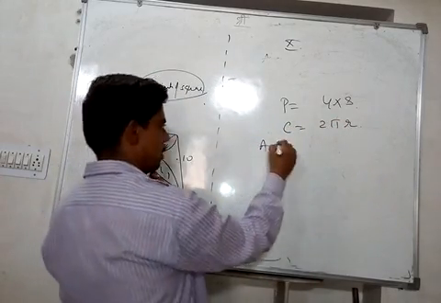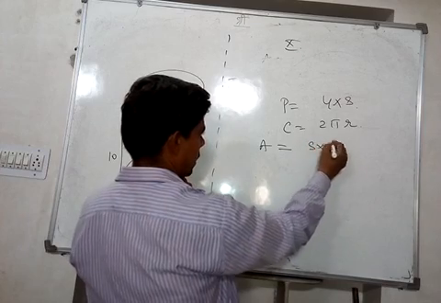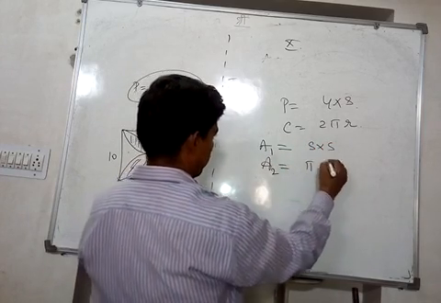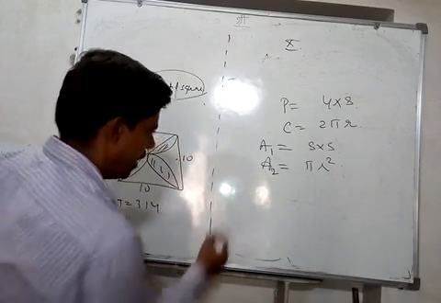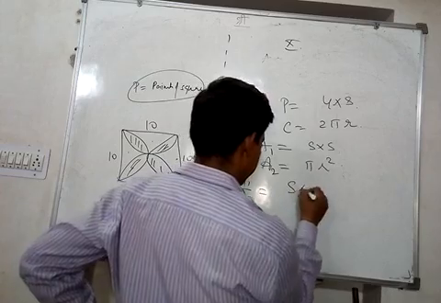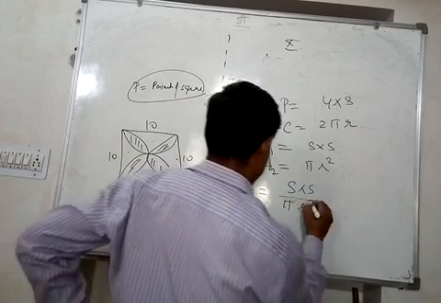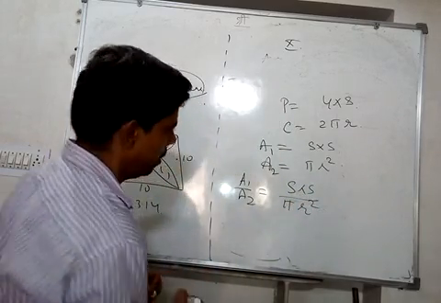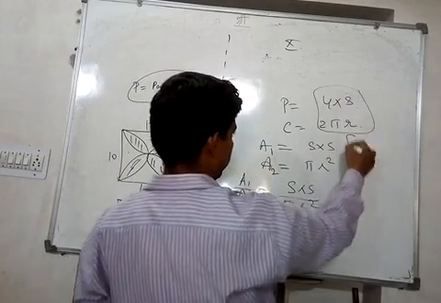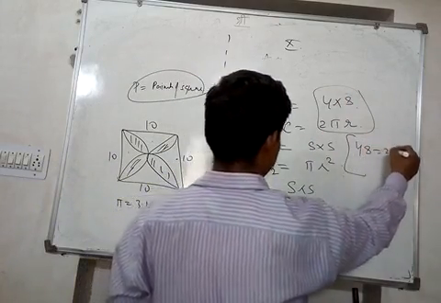What is the area? Area of a square is side into side, and area of a circle is pi r square. So we have to find A1 upon A2. So we have to find s into s upon pi r square. Now these two are equal, so you can write like this: 4s is equal to 2 pi r.